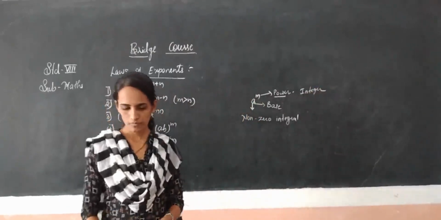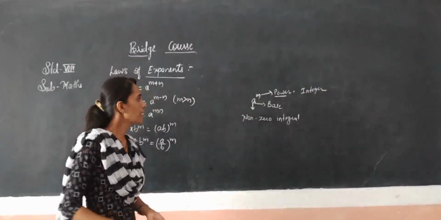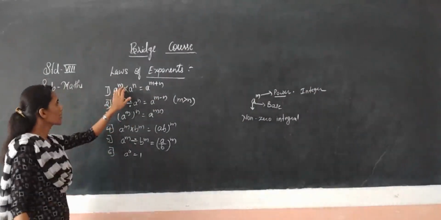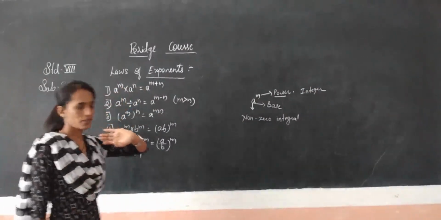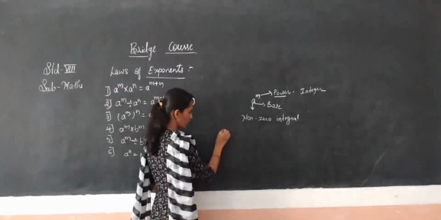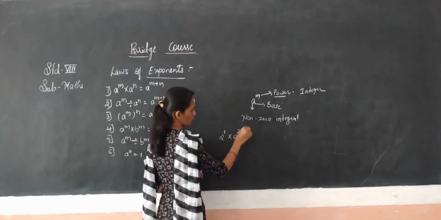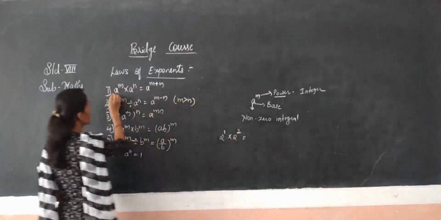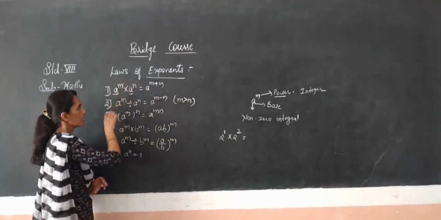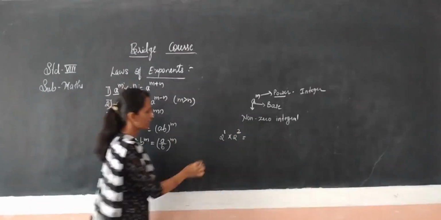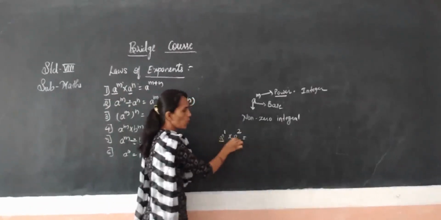So here, a to the power m into a to the power n. If the numbers are in the form of 2 to the power 1 and 2 to the power 2, check here: a to the power m, a to the power n, a and a. Similarly 2 and 2.